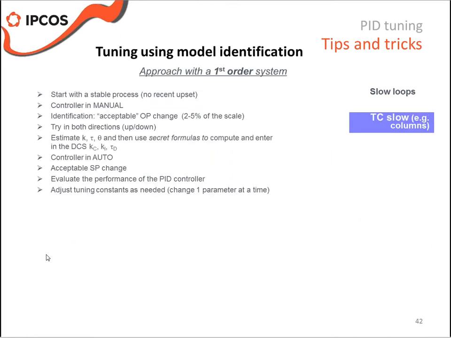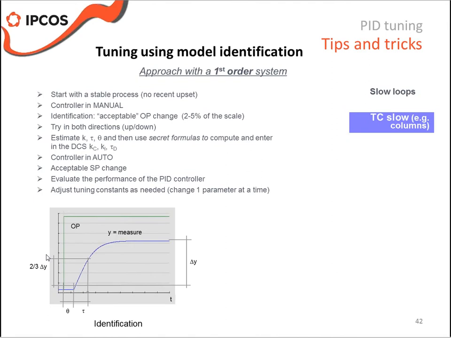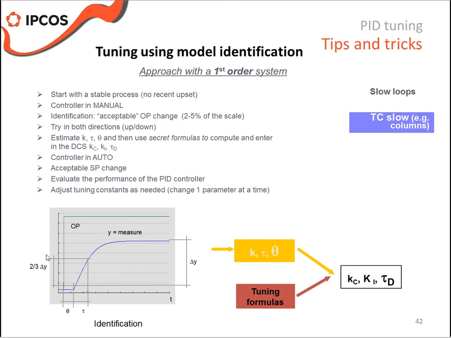Now, tuning using model identification is the second way of doing things. What we need to do is to look at the model and then identify the dead time, the time constant, and the gain. And then we can use some tuning formulas, and there are lots of these formulas available, to come up with some tuning parameters.